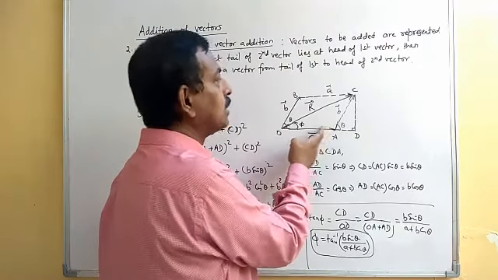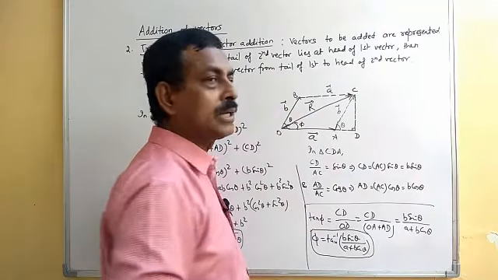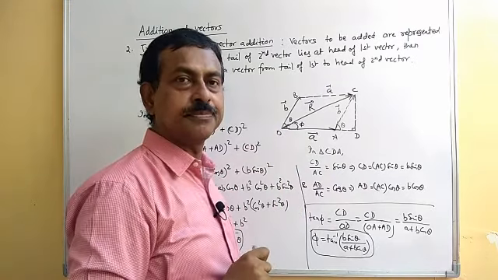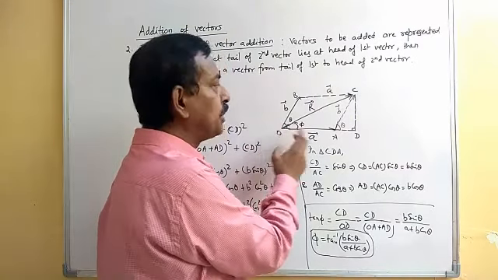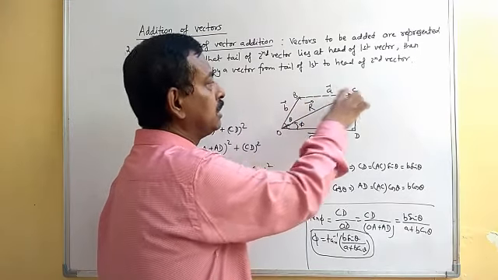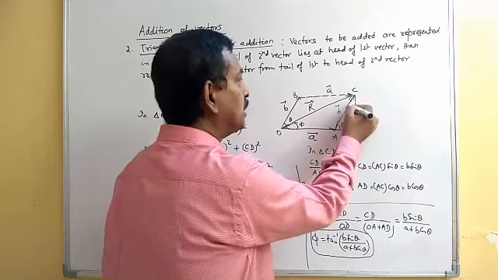In that case, we completed the parallelogram. The resultant was given by the diagonal of the parallelogram having the same initial point as the given vectors. So here also, as it is a parallelogram, if this is vector B, this is also vector B.